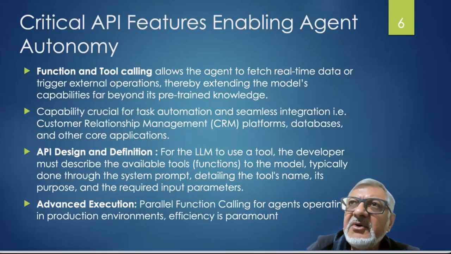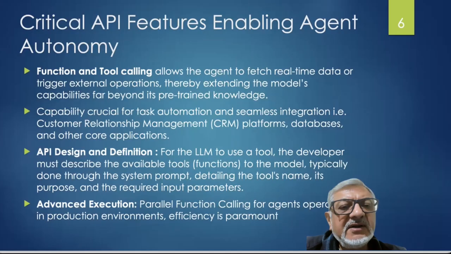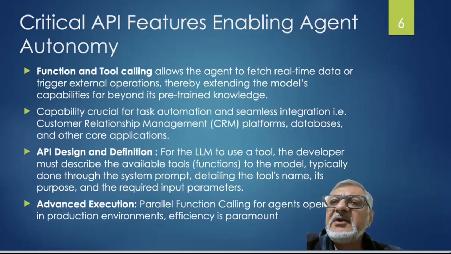Every LLM model has its own APIs and its own capabilities where it can call various functions and tools. Typically, this is done through a system prompt, which details the name of the tool to be called, its purpose, and required input parameters. These input parameters are as per the API design of a particular LLM model.